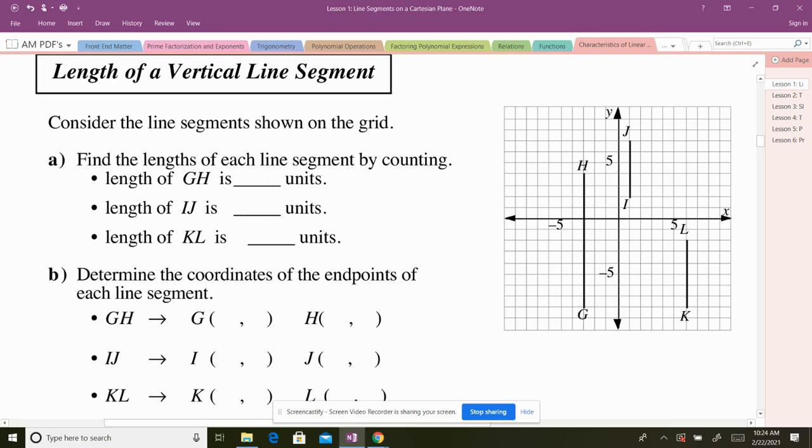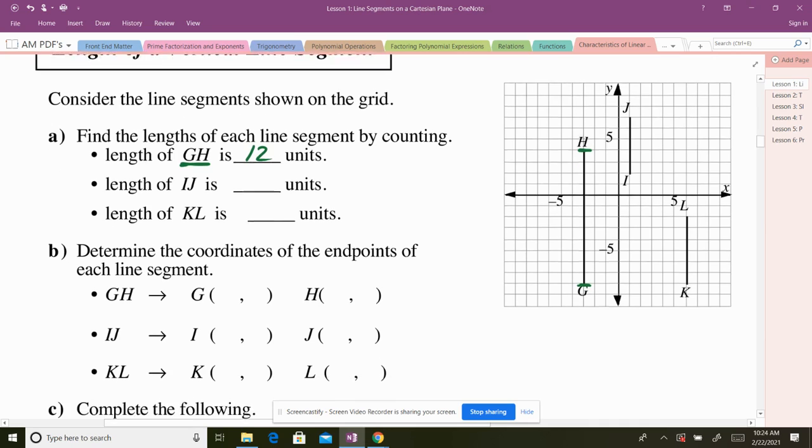All right. GH. So we'll do this one. G to H. Can you tell me how long that line is? Well, I would agree with that. Okay.